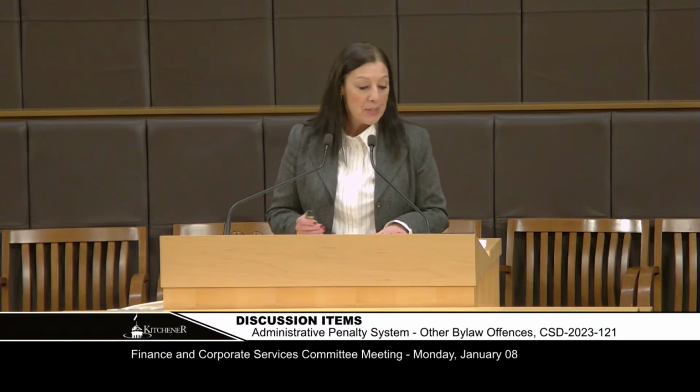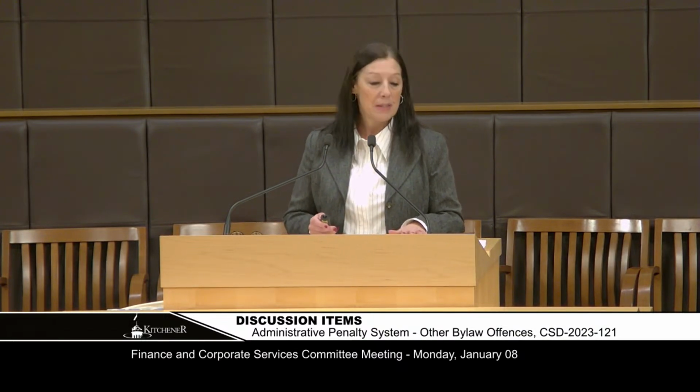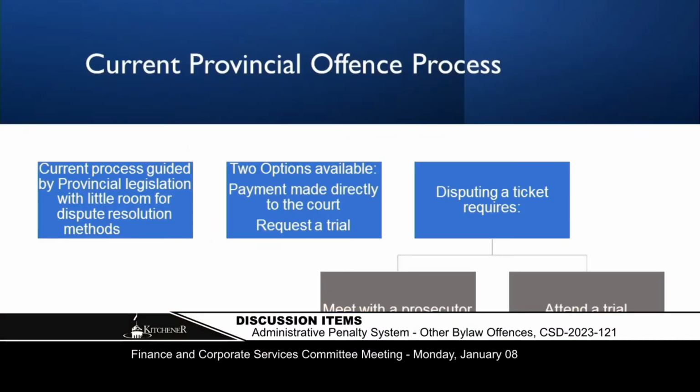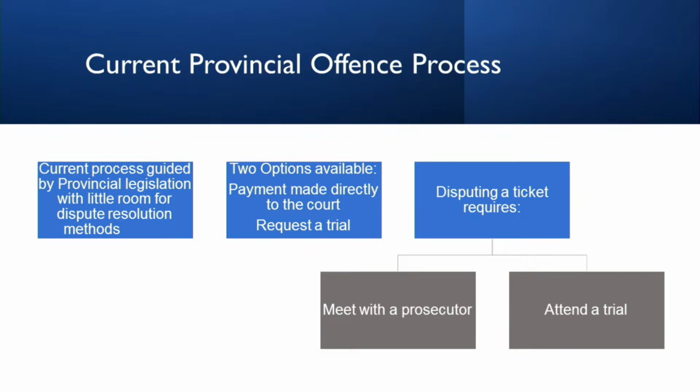The current process, which is the court process, is guided by legislation with little room for dispute resolution methods. When someone receives a charge, they have two options available to them. They can make a payment directly to the court, or they can request a trial.